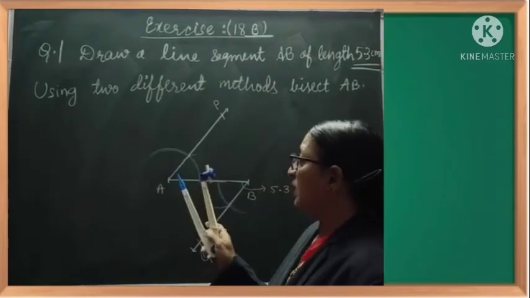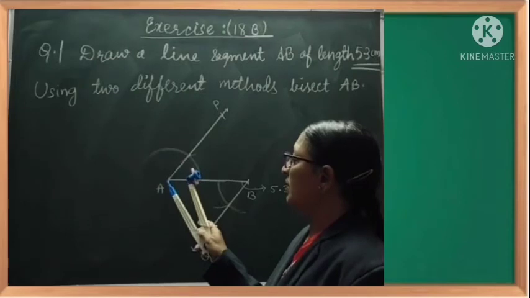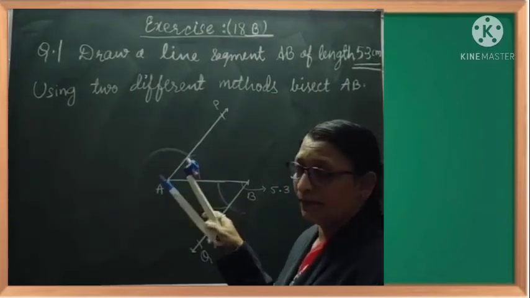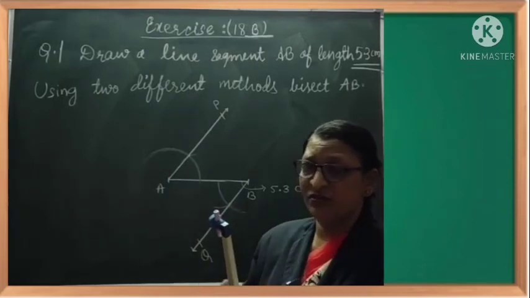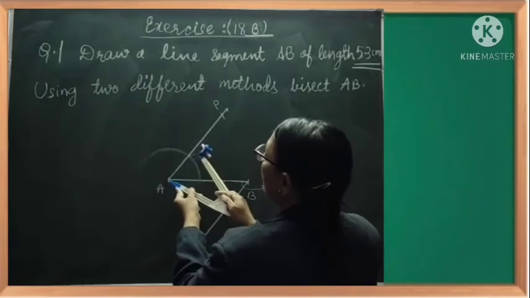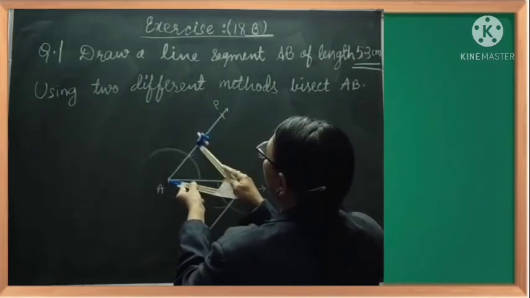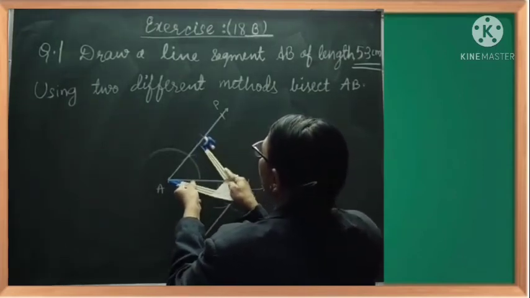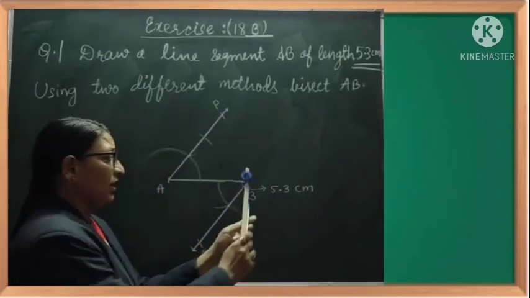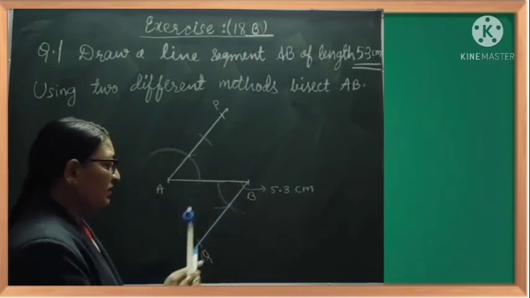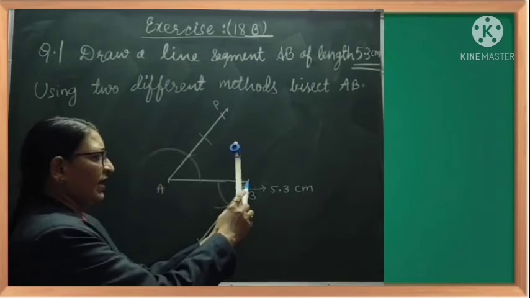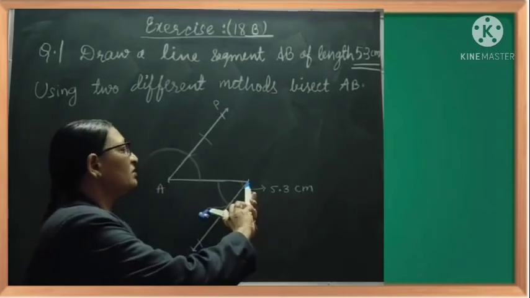Now we are going to take a suitable distance from the point A on the line segment AP. And with this distance we will cut an arc on the ray AP. With the same distance, we will cut another arc on the line BQ.